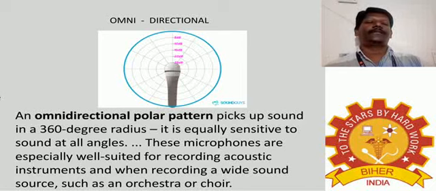An omnidirectional polar pattern picks up sound in a 360° radius. It's equally sensitive to sound at all angles. These microphones are especially well suited for recording acoustic instruments and for recording a wide sound source such as an orchestra and choir.